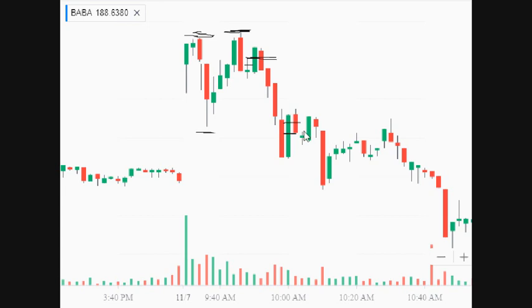Now, what you could have done is when you see it fail, go right there, fail, fail, you might enter another short position right about there, and you see it bounce. You might have made just a little bit or pretty close to a scratch trade. So on the short term, we're getting higher highs and higher lows. And about here, when we're starting to break down again, I might consider doing another short position.